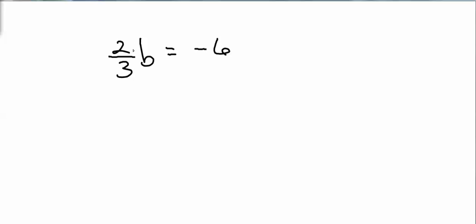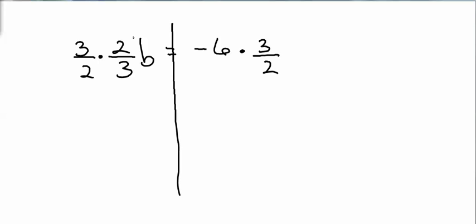That's one way. A faster way is watch. Multiply by the reciprocal. If we multiply both sides by the reciprocal of the fraction in front of the variable, watch what happens to all this on the left. That all cross cancels, doesn't it? Any number, any fraction times its reciprocal is equal to 1. So you're left with just b.